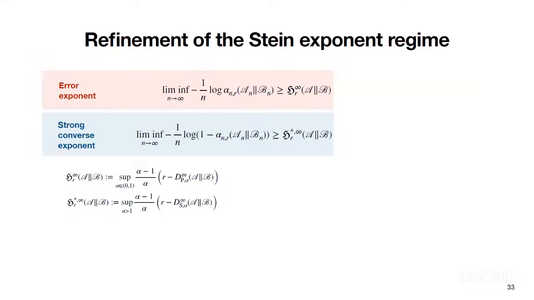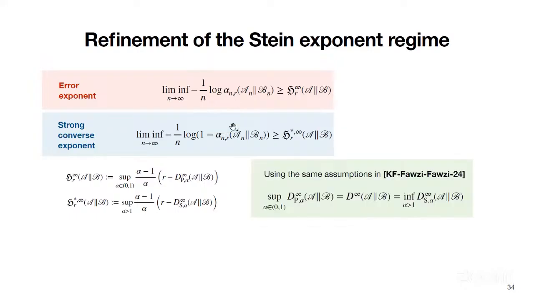So now we have the error exponent and strong converse exponent results, and what can these results help us with? Whether they can give us more insights, right? Here we show a refinement of the Stein exponent regime. These are the error exponent and strong converse exponent results we have from the previous slides.